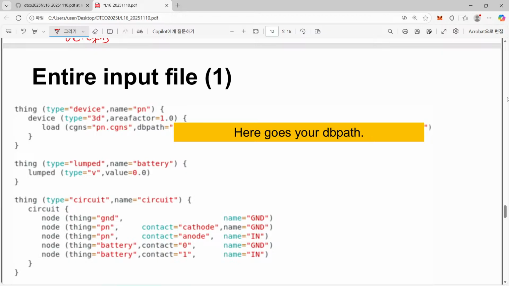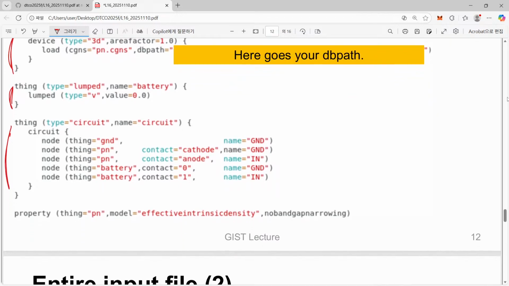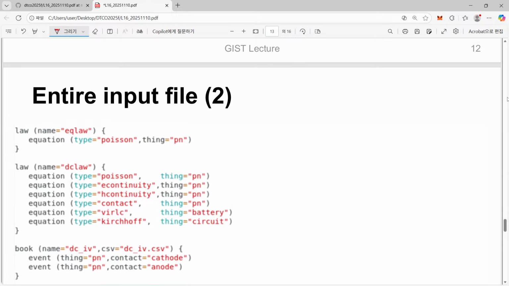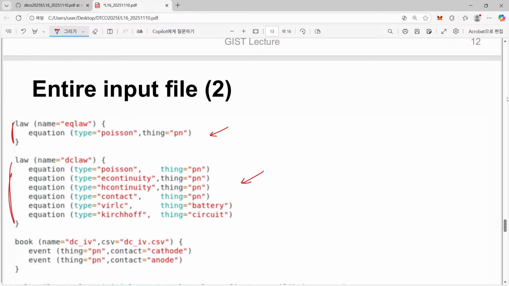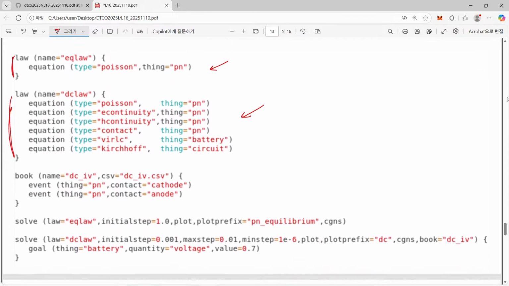So now let me just show you the entire info file for simulating our equilibrium state and non-equilibrium state. First, we start from loading the structure, and also we define the voltage source and circuit connectivity, and also specify the bandgap narrowing model for our PN junction. After that, we prepare two different sets of equations. One is for equilibrium, and another is for DC IV characteristics.